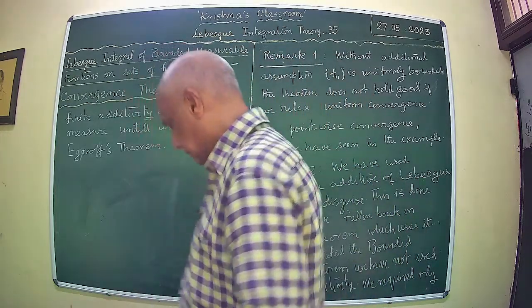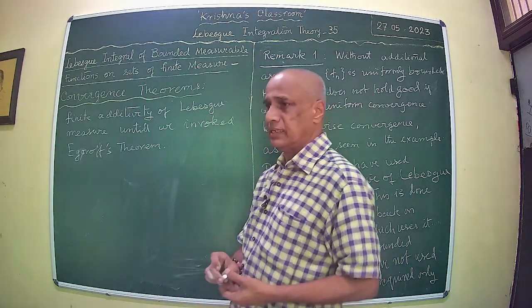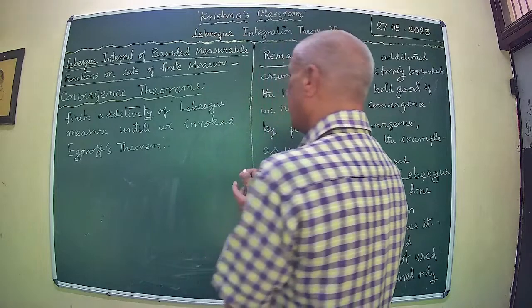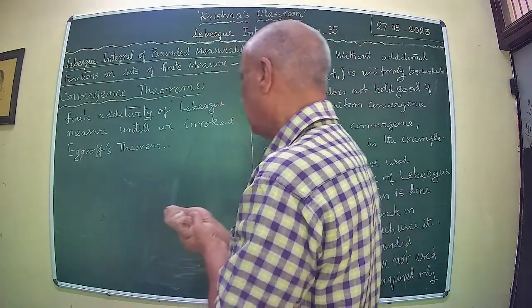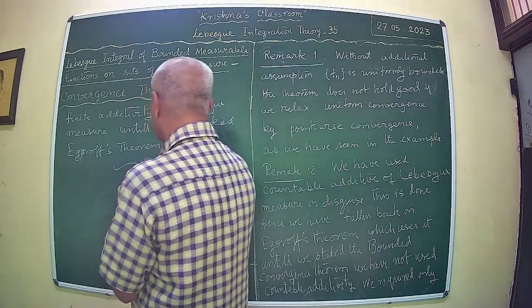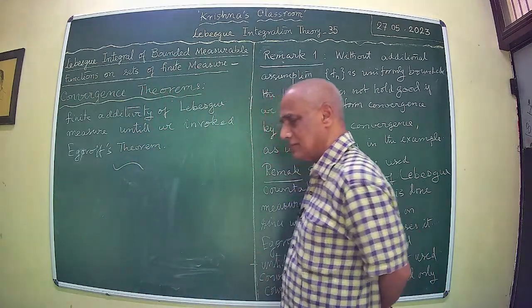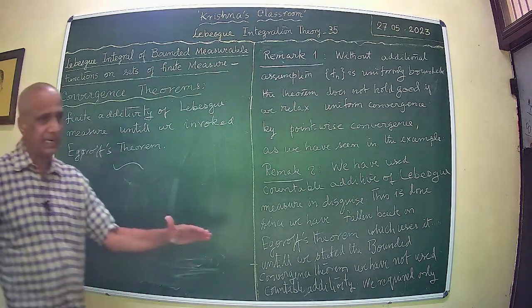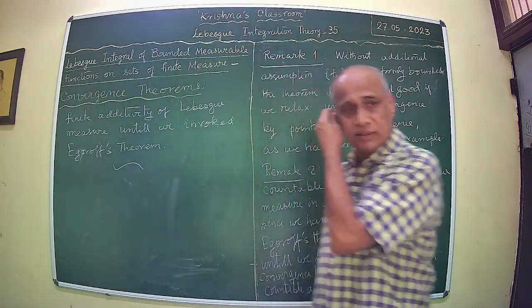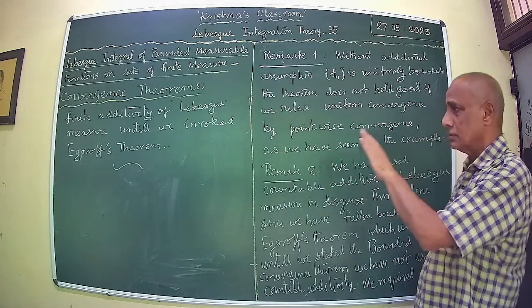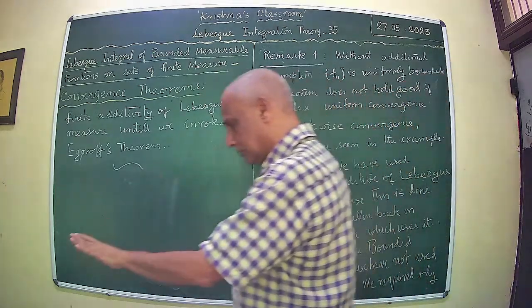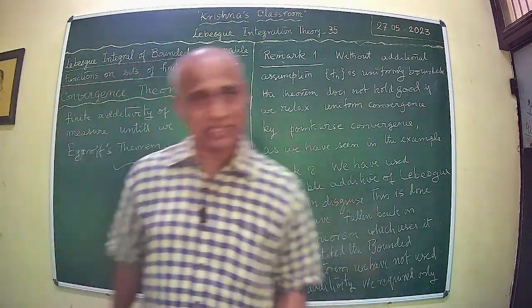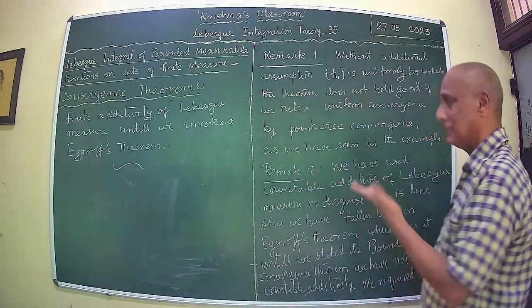So that completes the discussion on the Lebesgue integral of bounded measurable functions on sets of finite measure. So one remark I want to make at this stage is this. See, we are systematically progressing. We first introduced the concept of Lebesgue integration for simple functions and then used that to go to the next level.